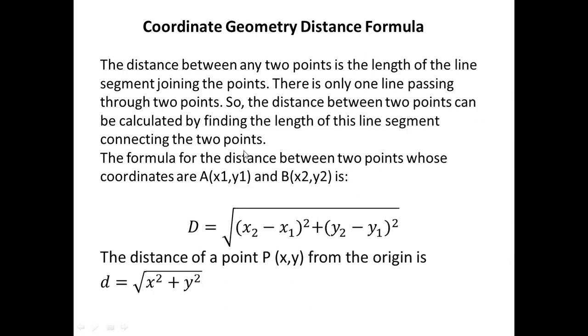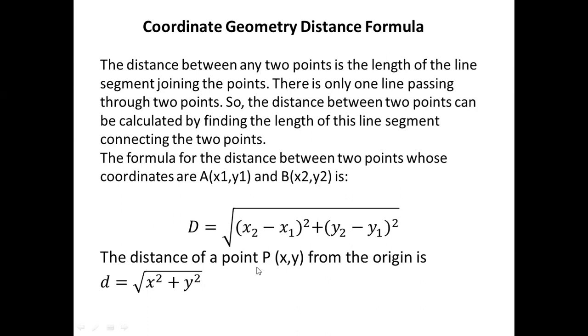We have 2 points and want to find the length of the line between them. For example, if we have point A with coordinates x1, y1 and point B with x2, y2, then d equals the square root of (x2 minus x1) squared plus (y2 minus y1) squared. This is the distance formula for these 2 points.